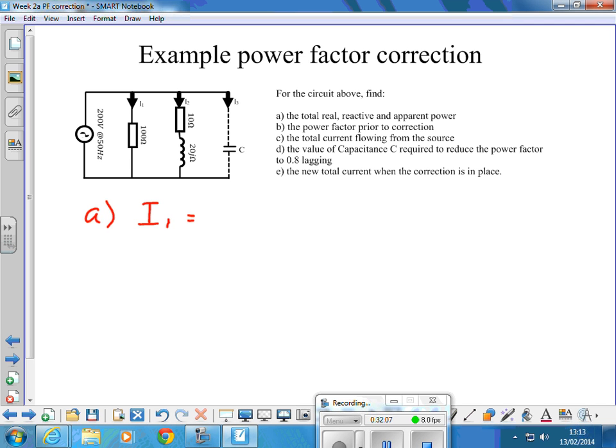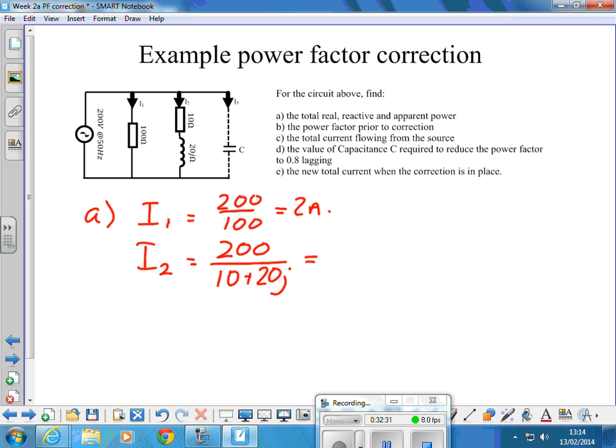So I1 is, I2, all multiplied out, that is. But be careful, that ain't ohms anymore.